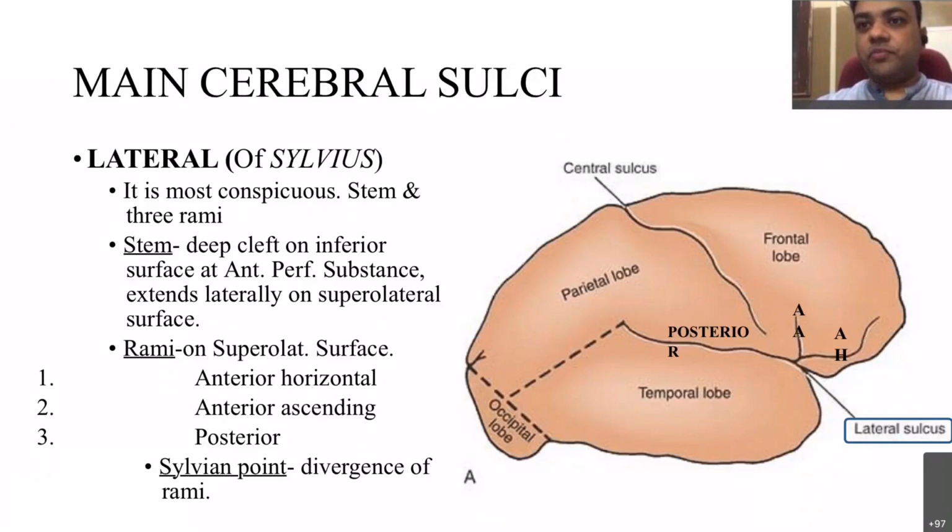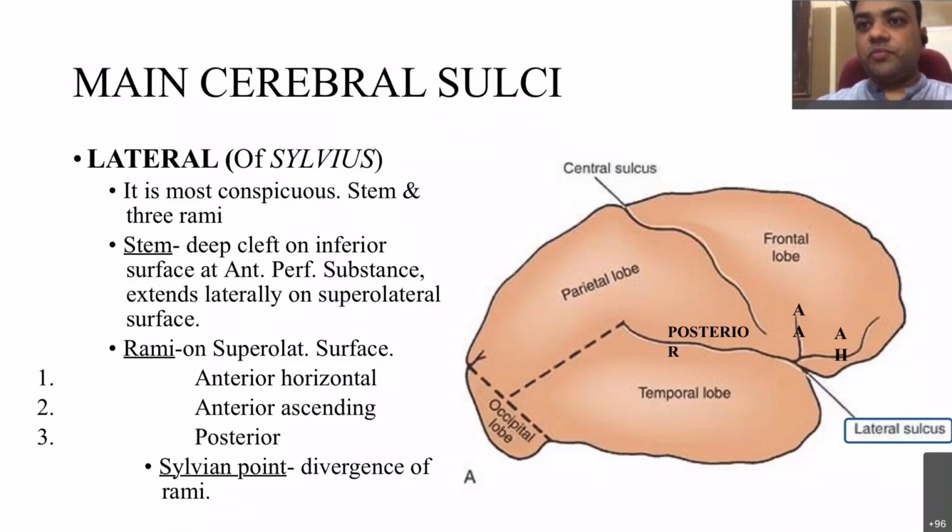So the lateral sulcus, which is coming from the medial aspect of the cerebral hemisphere onto the surface between the temporal lobe and the parietal lobe, that is known as the stem. Now, how is the ramus formed? You can see, the ramus is formed on the supralateral surface here. There is the anterior horizontal, then anterior ascending, and then posterior.